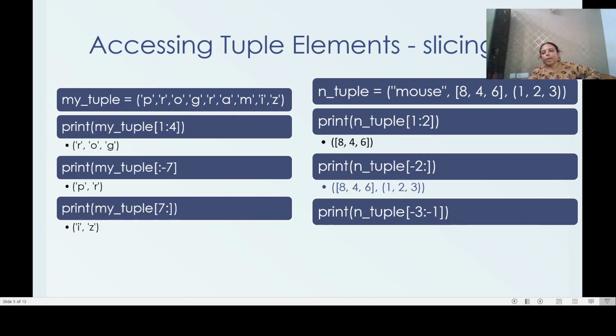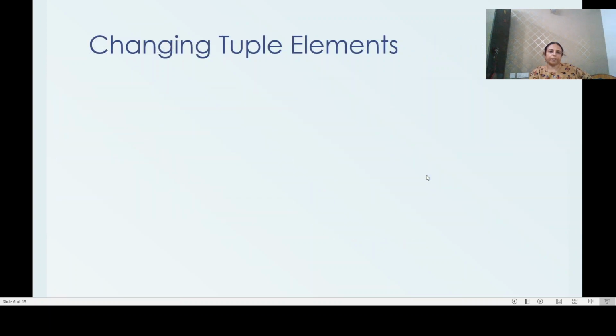Then look at this one, minus 3 up to minus 1. You will get a mouse and this 846. It starts with minus 3 and ends with minus 1, which means this is minus 1, minus 2, minus 3. It will exclude minus 1 and have only minus 2. So you will get the output like this.